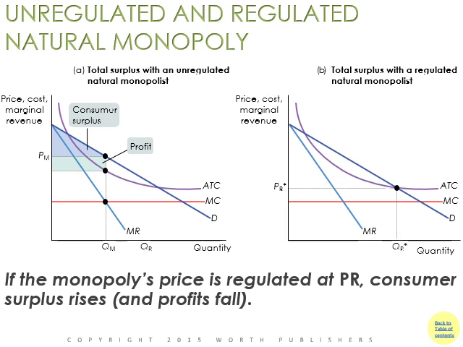This slide shows in graph A the solution for an unregulated natural monopolist. Then in graph B, we see that the government puts in a regulatory price where price equals average total cost. And we know that if price equals average total cost, this firm is earning zero economic profit, or you could argue a normal profit.